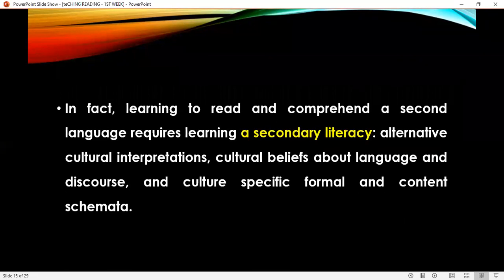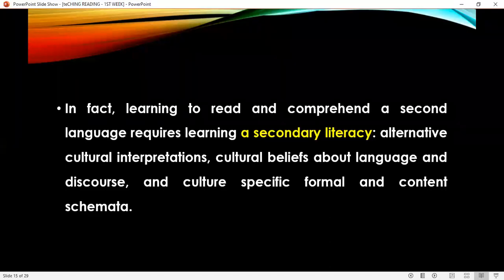In fact, learning to read and comprehend a second language requires learning a secondary literacy. Alternative, it means alternative cultural interpretations, cultural beliefs about language and discourse, and culture-specific formal and content schemata.